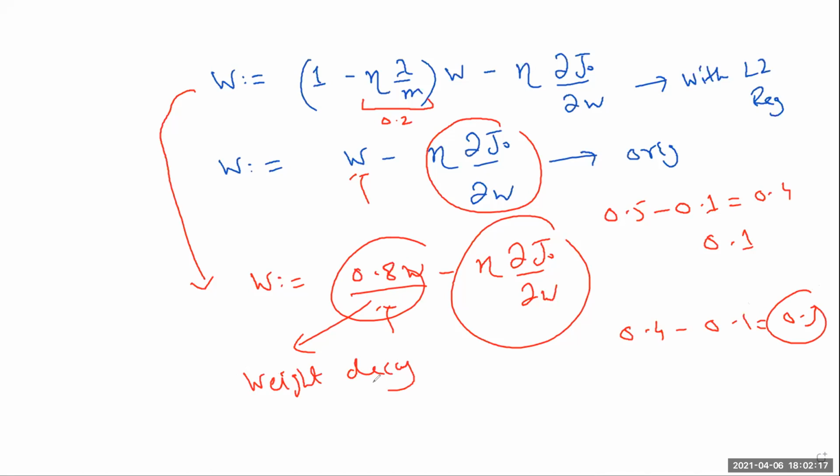So if you are subtracting from a small value, you are likely to end up close to zero much more quickly as compared to subtracting from one. This was our primary objective, that we wanted to push weights close to zero, and somehow we are achieving that: instead of subtracting from w, we are subtracting from some fraction of w.